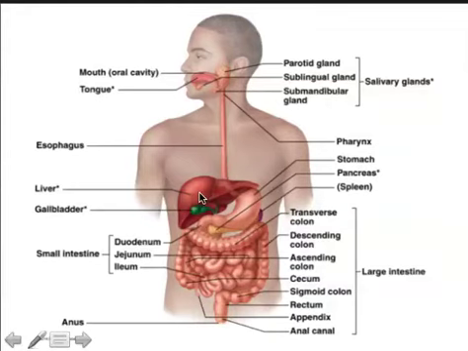So that's basically how the nutrients are circulated. So that's the trip from front to back.